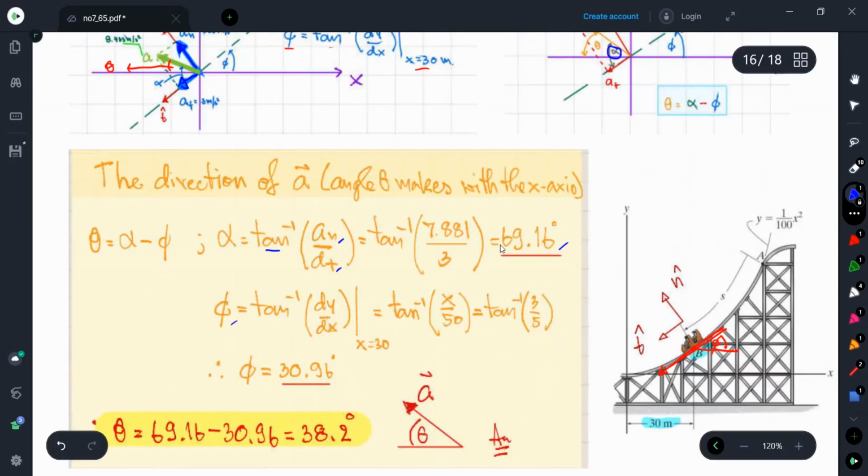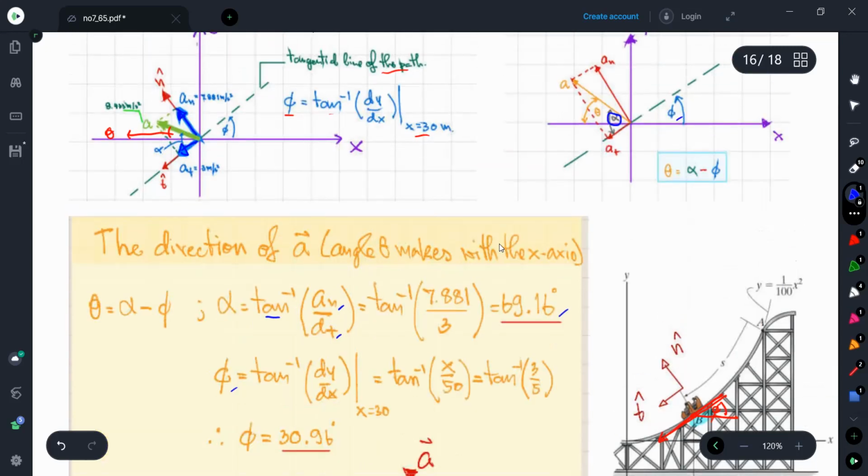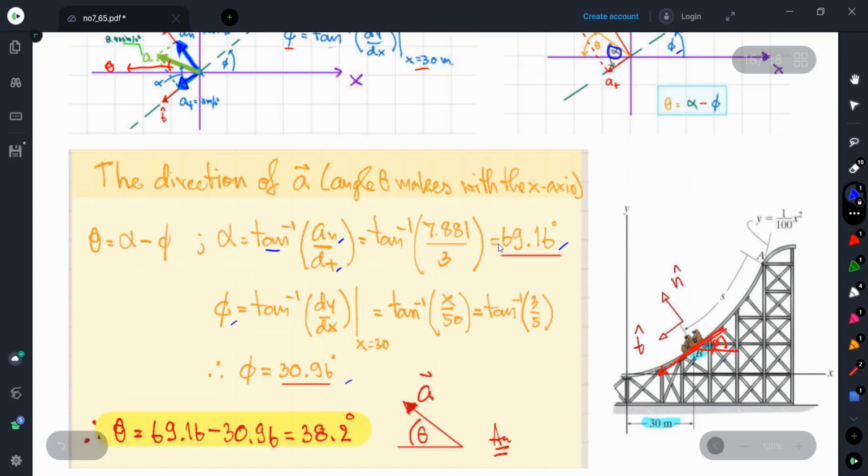And the angle phi, the path angle, becomes 30.96 degrees here.